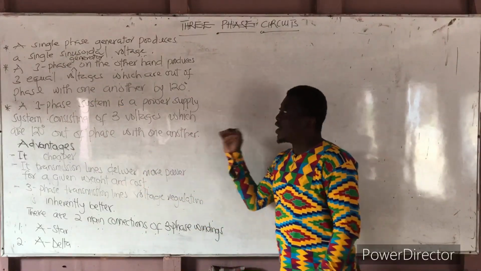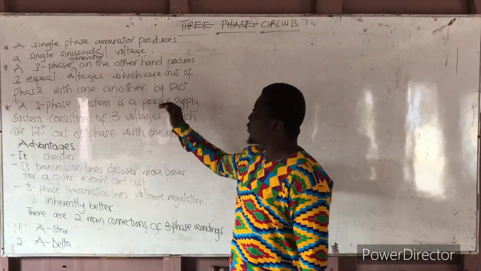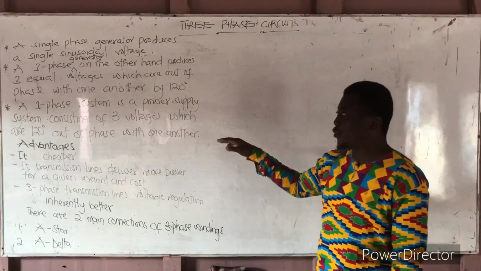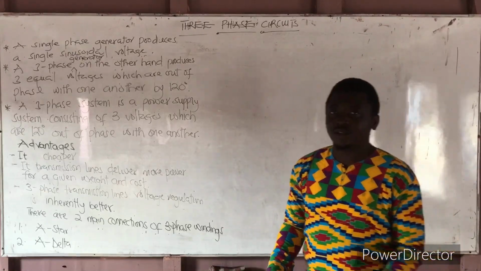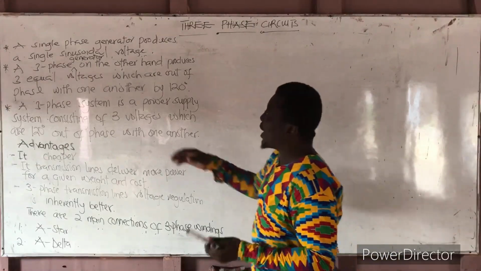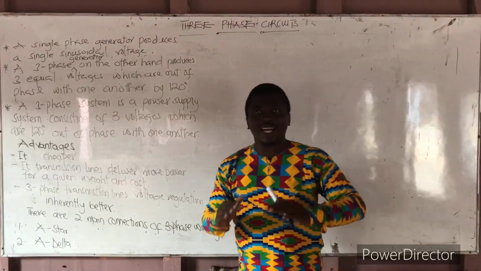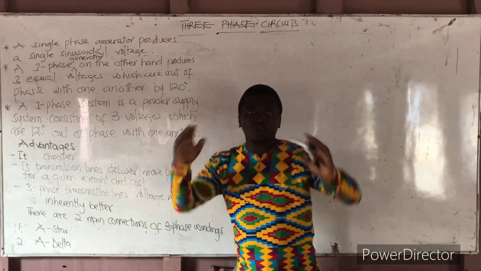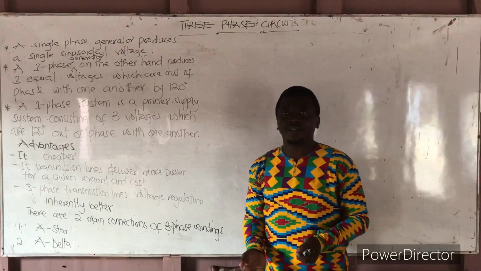A three phase generator, on the other hand, produces three equal voltages which are out of phase with one another by 120 degrees. So you get three windings or three connections coming together at a point or joined to each other based on the type of connection you have.